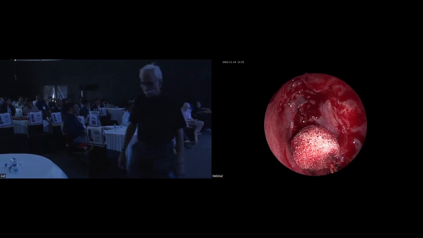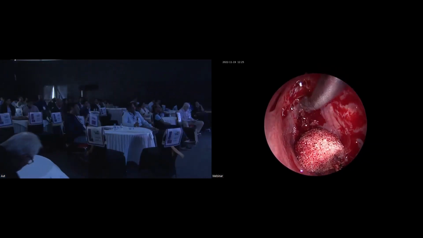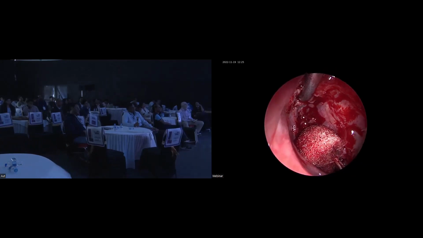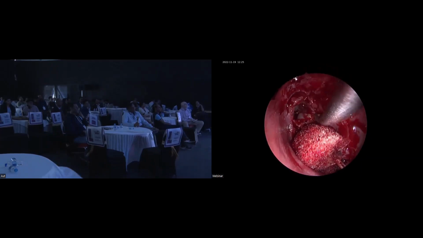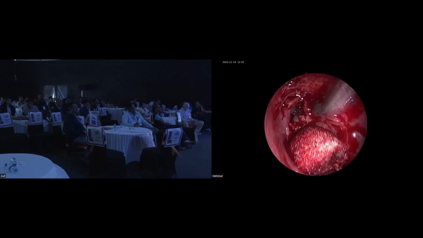I can easily go with the debrider and clear it, but I would like all of you to see it. So this is the cell which is going to lead me to the frontal sinus. So we need to clear these cells. I will take the debrider and remove it.